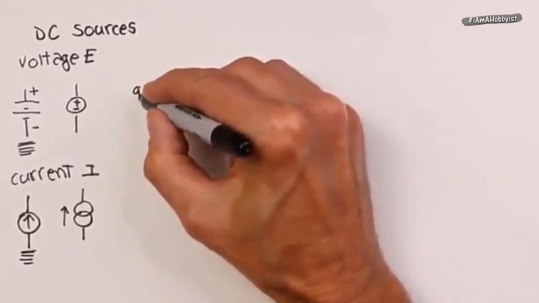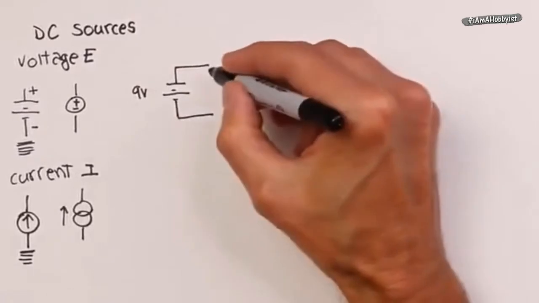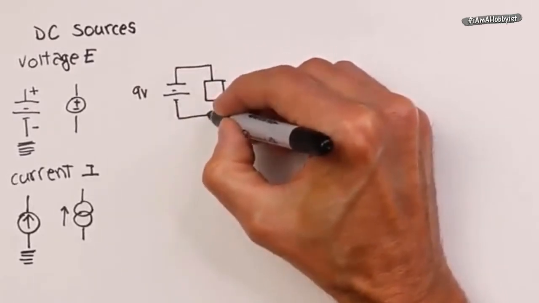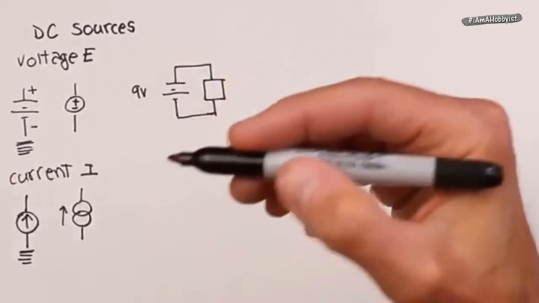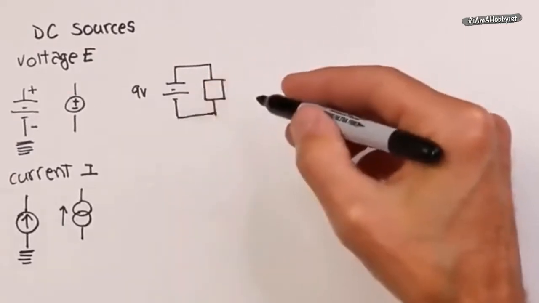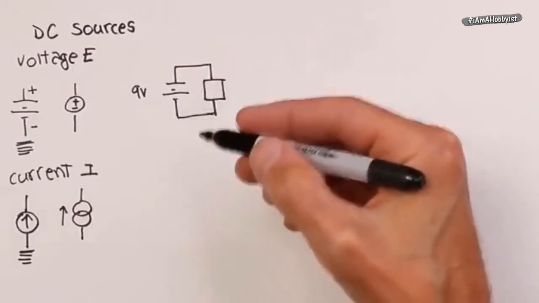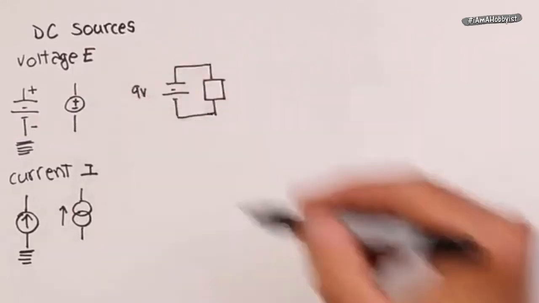So if I took a 9-volt battery out here and I hooked up a light bulb, I'm just going to draw a little box. I could hook up a light bulb. I could hook up a heating element, a little DC motor. I could hook up a block of cheese, right? It wouldn't make any difference. This thing would always produce 9 volts.